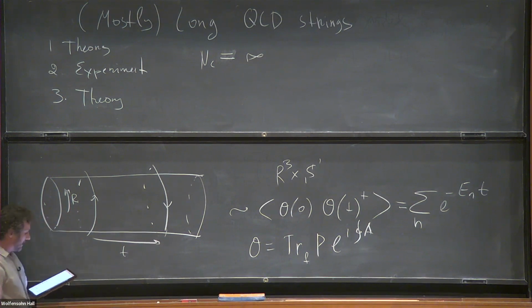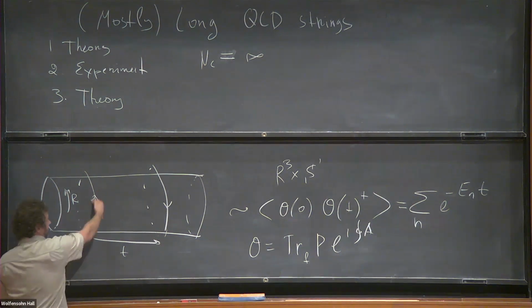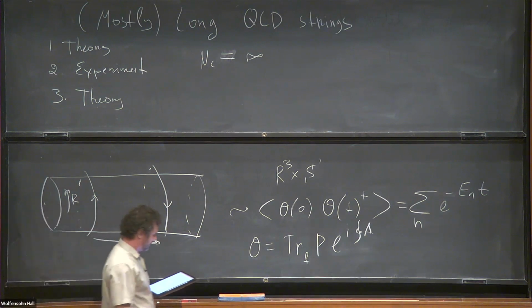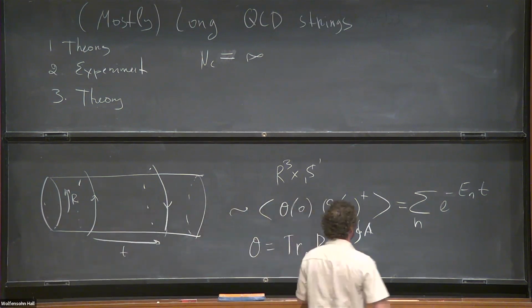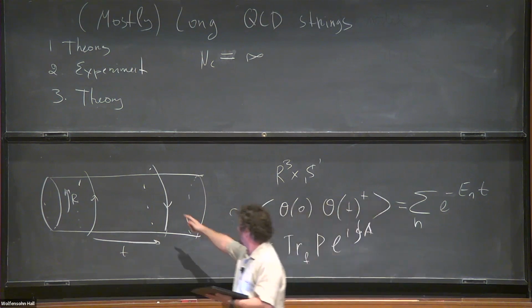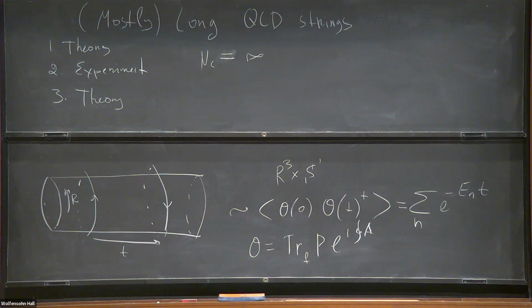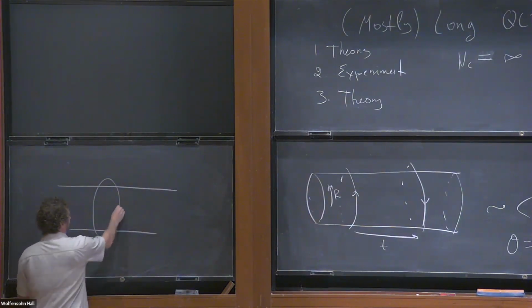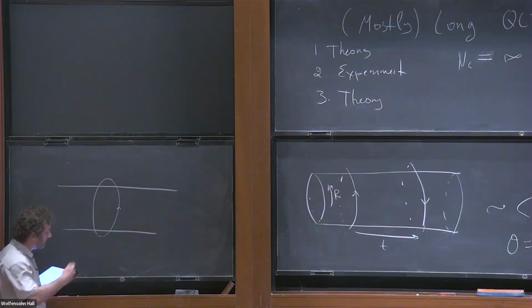As soon as center symmetry is unbroken, this operator, which wraps once around the spatial circle, carries charge under that center symmetry, and hence the states which will appear in the middle will all schematically have the feature that they have a string wound around this compact circle.